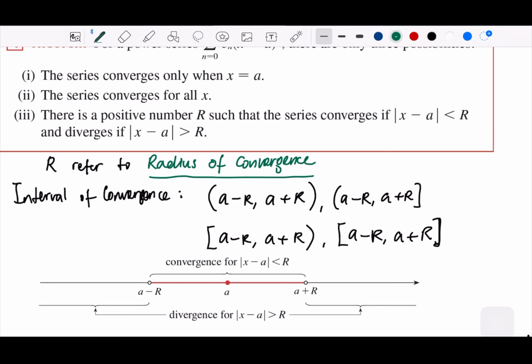So the endpoints need to be tested, so we can conclude which ones are in the interval.